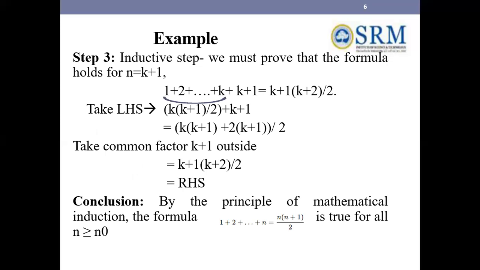So the series will become 1 plus 2 plus 3 up to k, and the next term will be k plus 1, which is equal to, substituting the value of k in the summation equation, n into n plus 1 by 2. Here n is k plus 1. So k plus 1 into k plus 1 plus 1 by 2. That is n plus 1. Instead of n, substitute k plus 1. So now this is the equation.